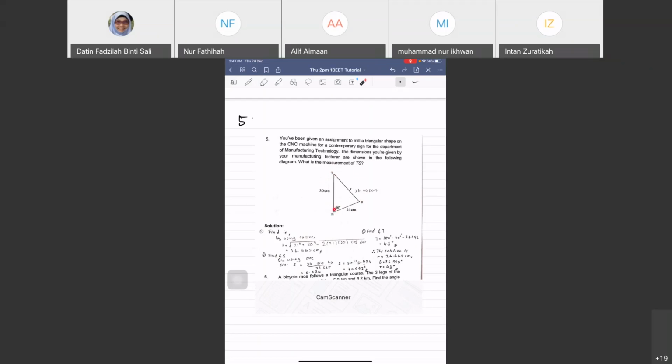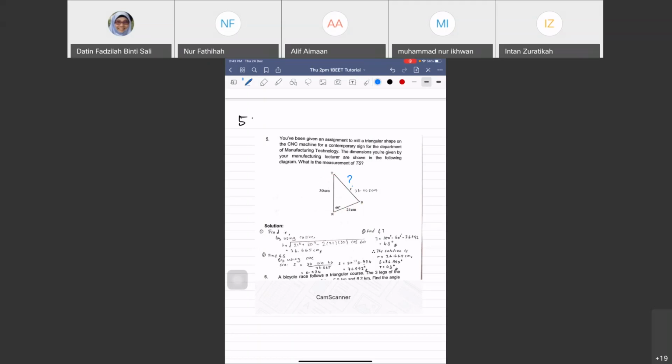The angle R is 60 degrees, one side is 30 centimeters, the other side is 21 centimeters, and this is the distance you want to find. You can just use TS or D or whatever.